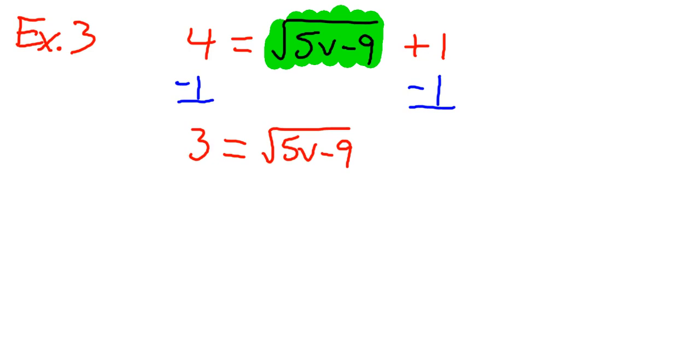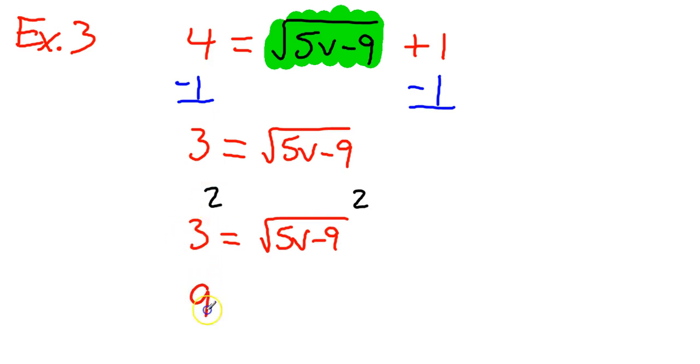The square root's all by itself on the right-hand side, so then we'll square both sides. And 3 squared makes it 9. And again, the square root cancels, so that's just 5v minus 9.